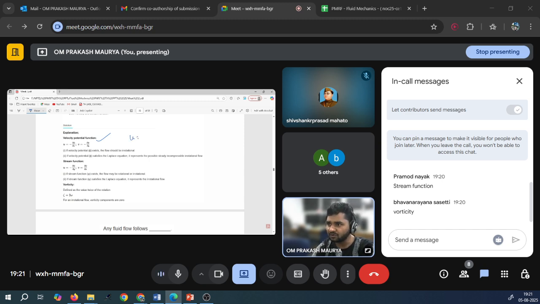So u is equal to minus del phi by del x, where phi is the potential function. Similarly, v is equal to minus del phi by del y. But here, if the velocity potential exists, the flow should be irrotational. The condition is, if the potential function exists in a flow, that flow should be irrotational.